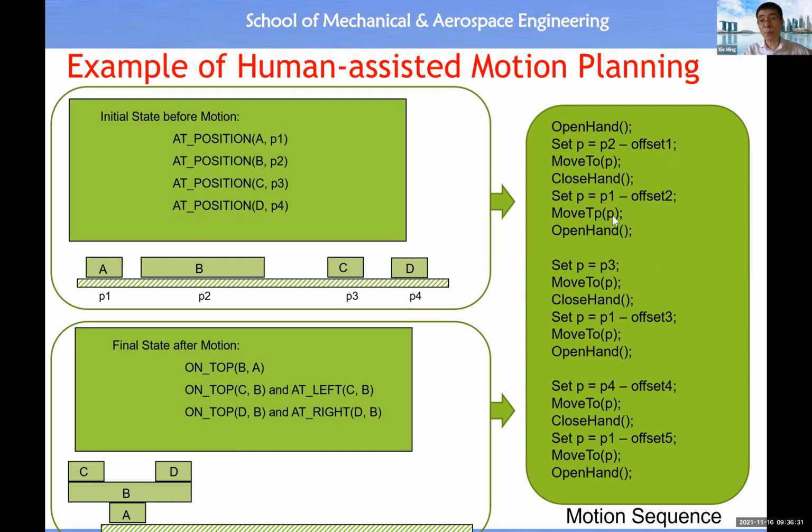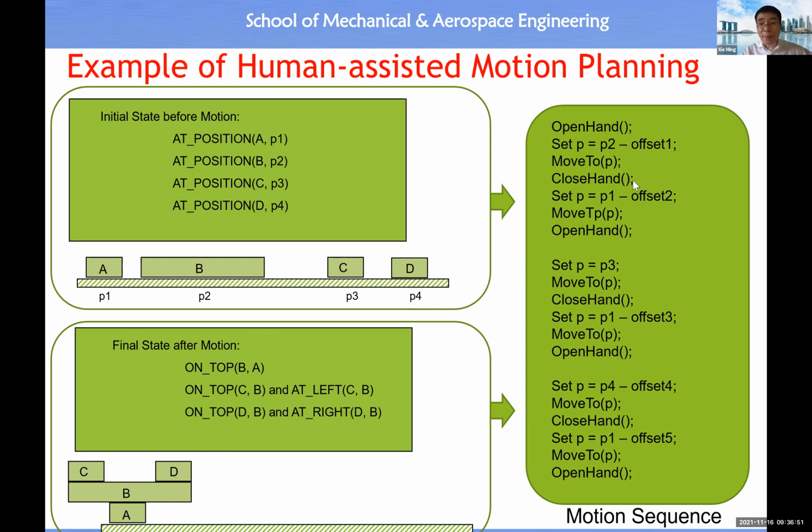Then move to this new position, then open the hand, etc. By performing this sequence of actions, you can verify the robot will achieve this final assembly.